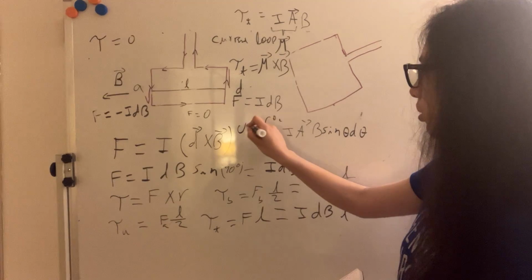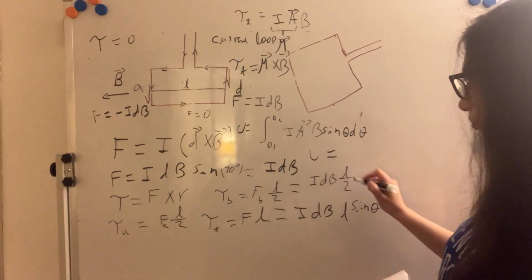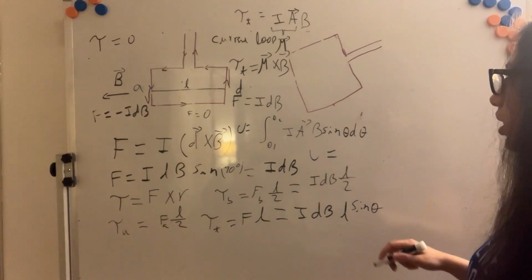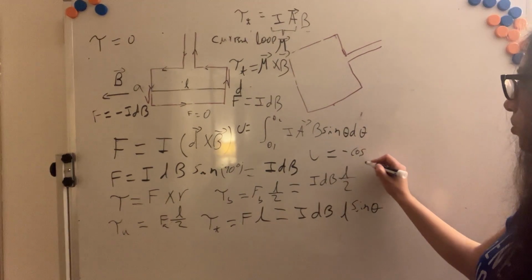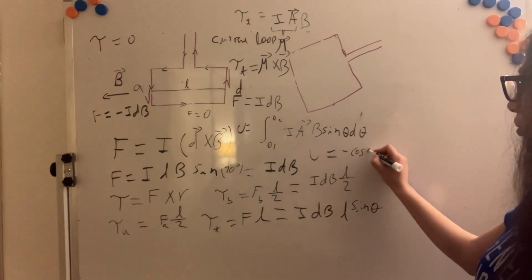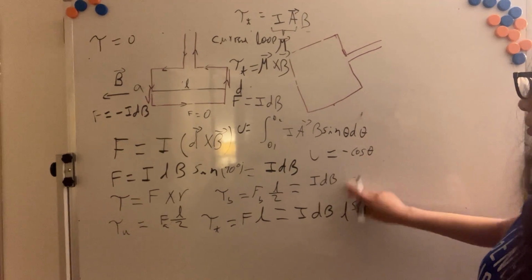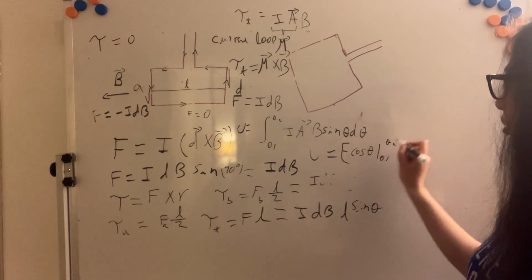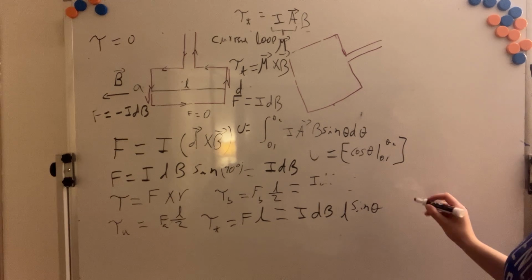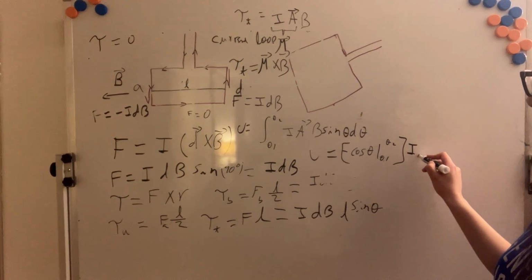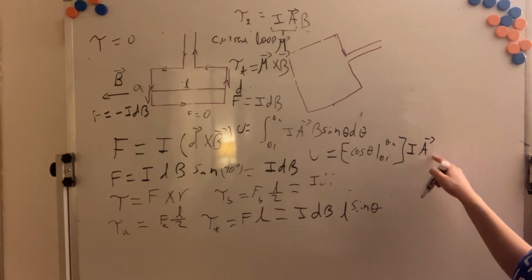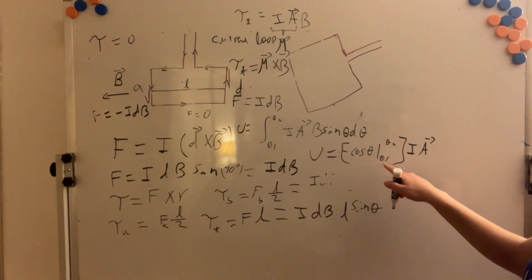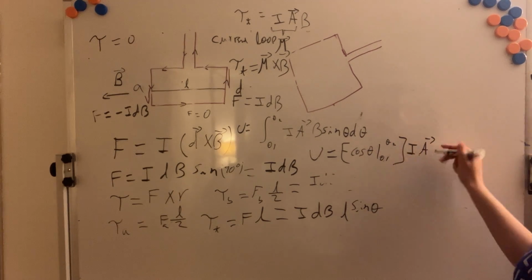So the work done, or energy, is equal to the integral of this sine, which is negative cosine of theta, evaluated from theta 1 to theta 2, and all this multiplied by I, A, and the magnetic field.